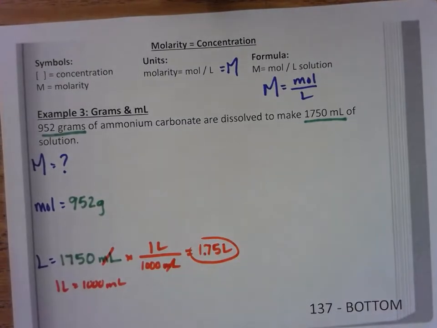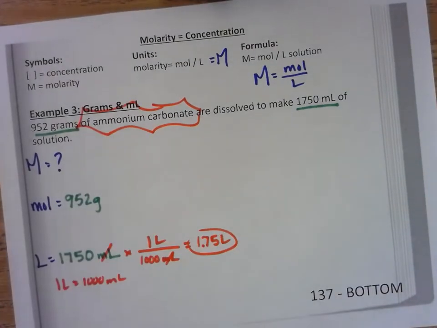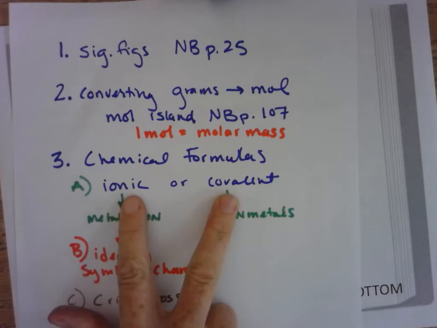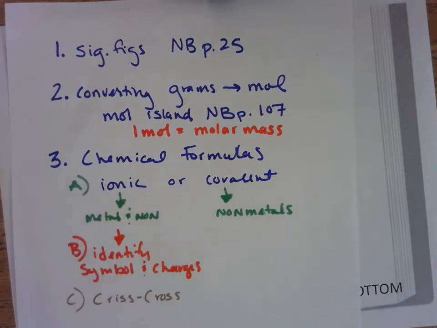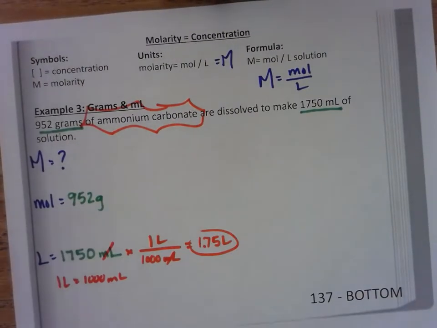Right. Here I have ammonium carbonate. Now, back here, we've got to figure out ionic or covalent. One of these is made out of metal and non-metal, and these are made out of non-metals for the most part. If we take a look here though, ammonium is a bit awkward.